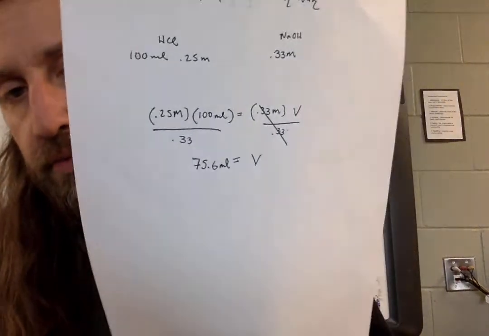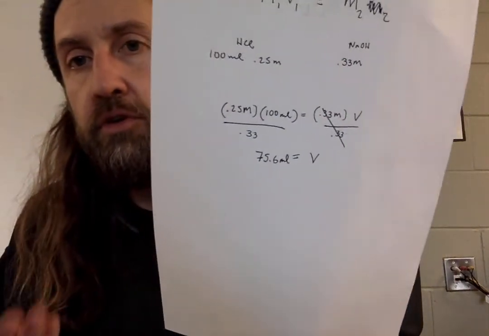So 0.25 times 100 is 25, divided by 0.33, and it comes out to 75.something. We didn't really care that much about sig figs in this one, so let's say 75.6 milliliters. And so you would need 75.6 milliliters in order to neutralize that.